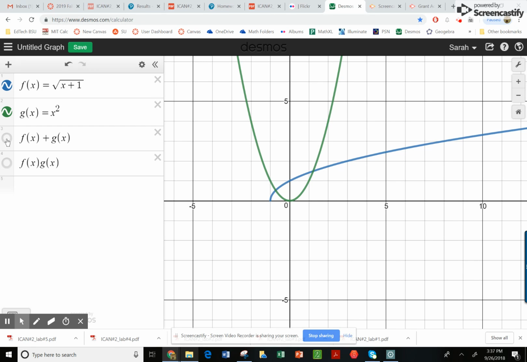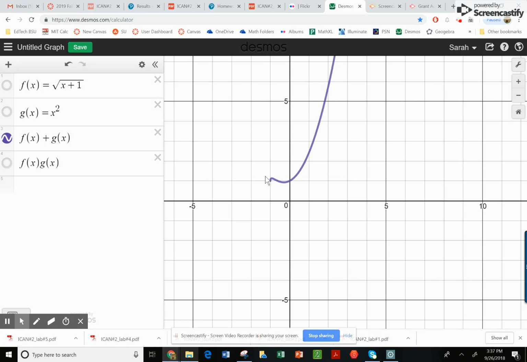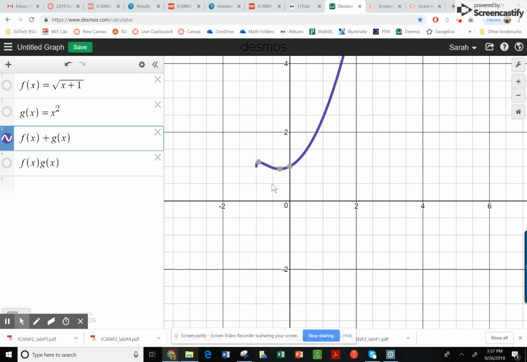So if you add them, you get something like this, and you can see that its domain is everything 1 and greater. It starts at 1 and then does a little loop and it goes back up. And so that domain is restricted by f of x. You can see they have the same domain, but it doesn't have the same domain as x squared, which is all the numbers.